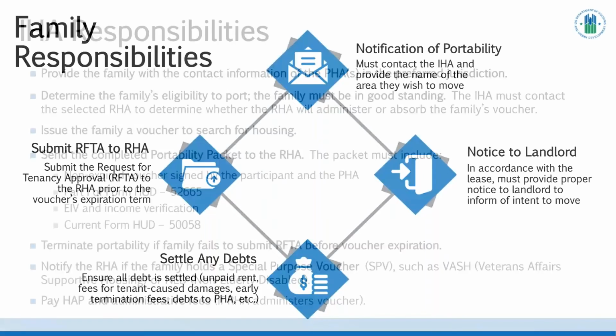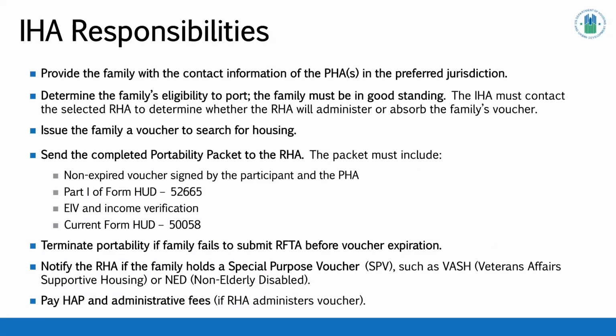The initial housing authority responsibilities include sending a complete portability packet to the receiving housing authority. The housing authority must also determine if the family is in good standing and if they're eligible to port.